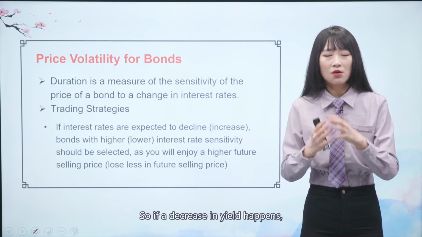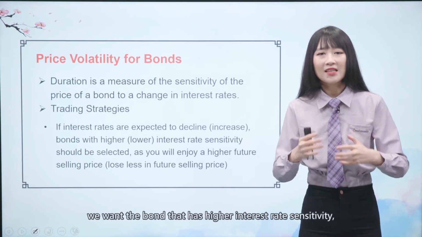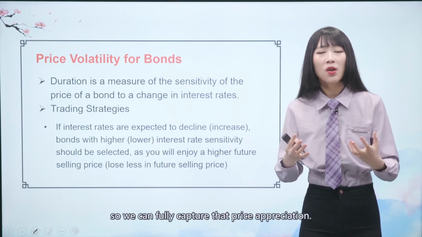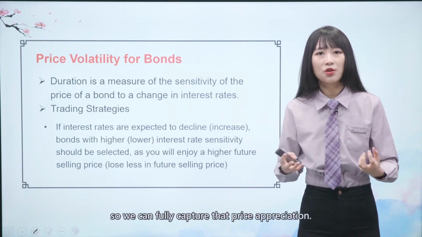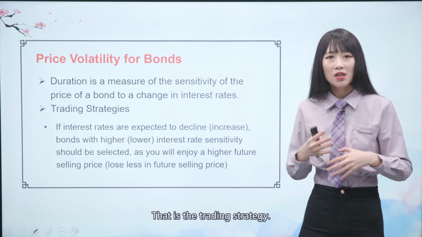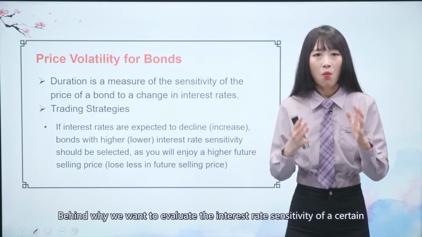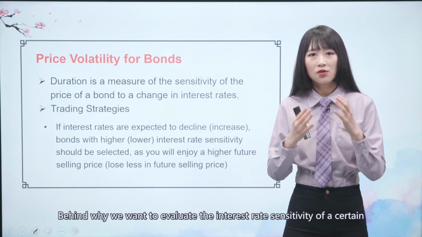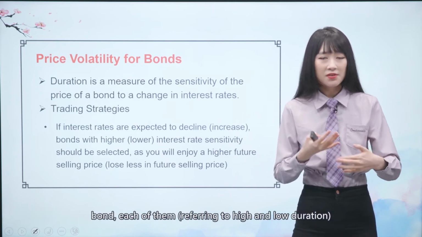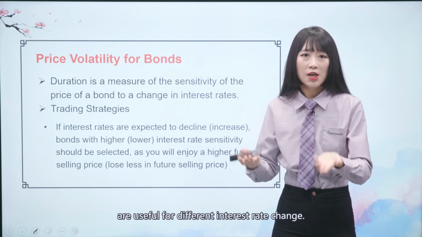So if a decrease in yield happens, we want the bond that has higher interest rate sensitivity so we can fully capture that price appreciation. That is the trading strategy behind why we want to evaluate the interest rate sensitivity of a certain bond. Different levels of sensitivity are used for different interest rate changes.